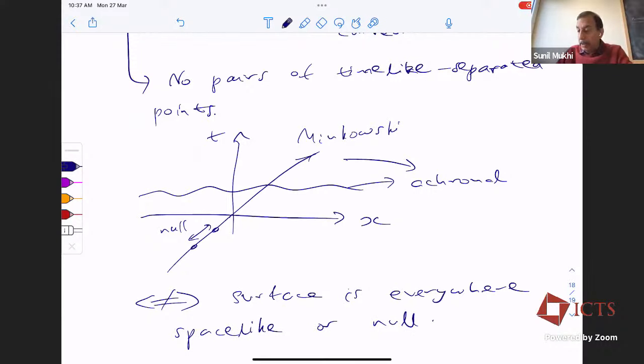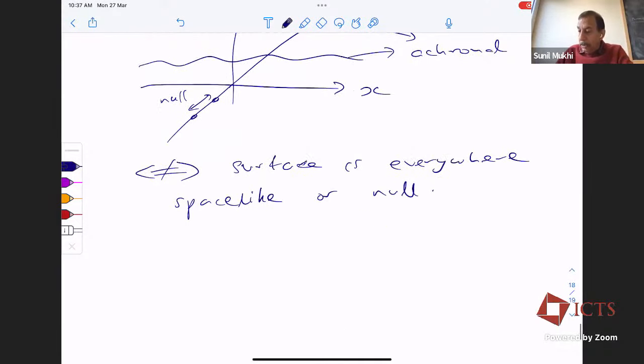You would think that instead of that word a-chronal, we could just say the surface is space-like or null. Okay, but that's not enough for the following reason. Space-like or null tells us basically about the nature of tangent vectors, and you can have a surface where the tangent vectors are everywhere, say, space-like, but it's still not a-chronal.